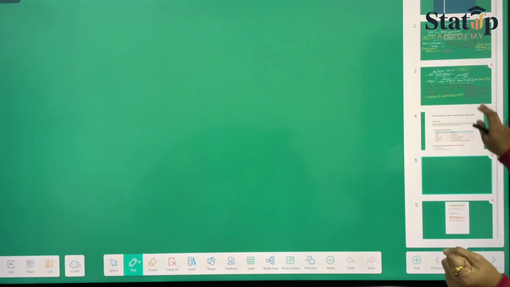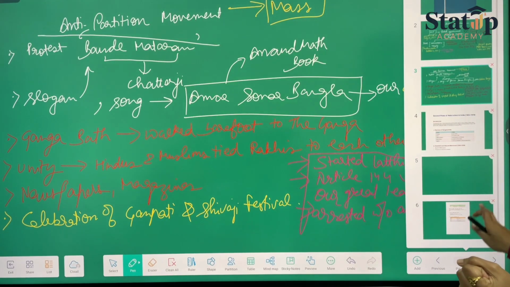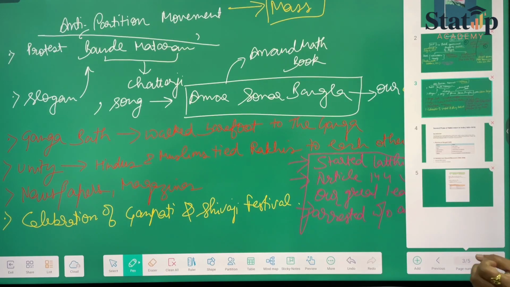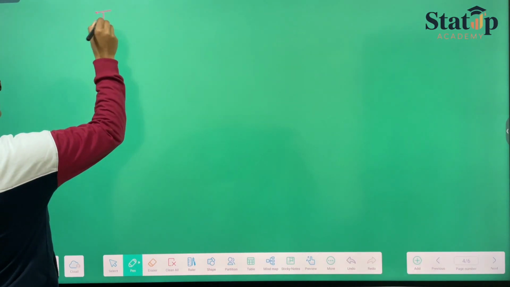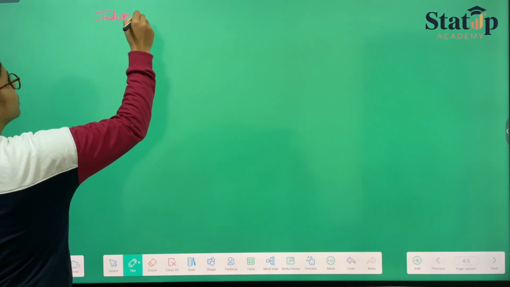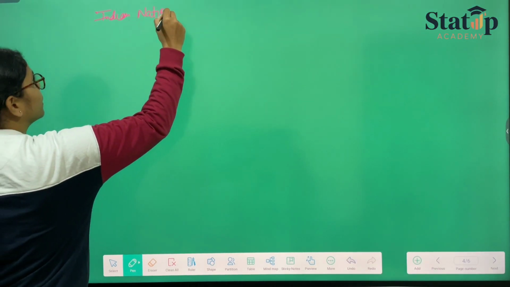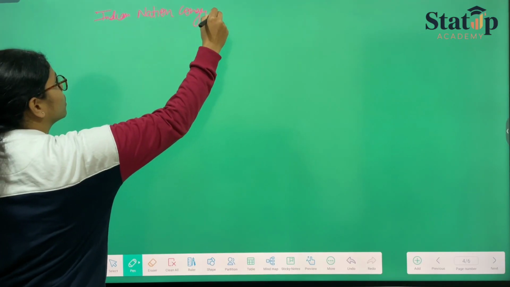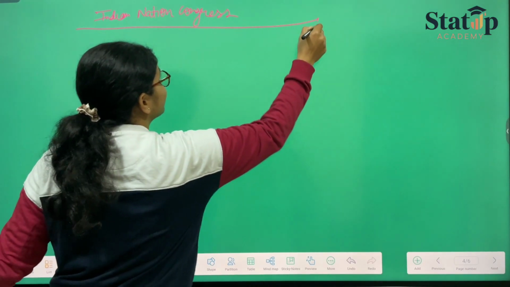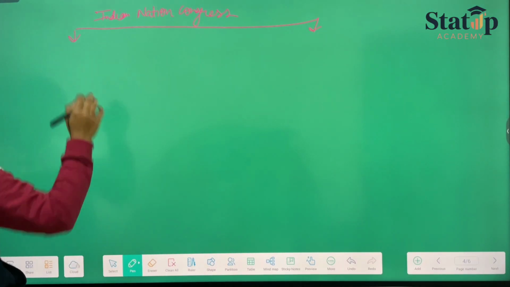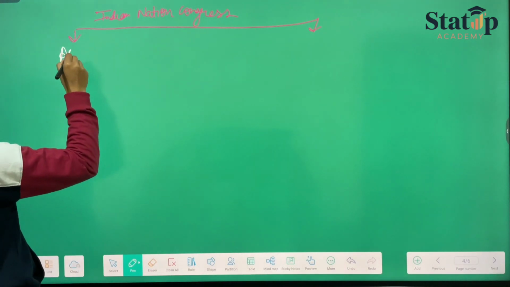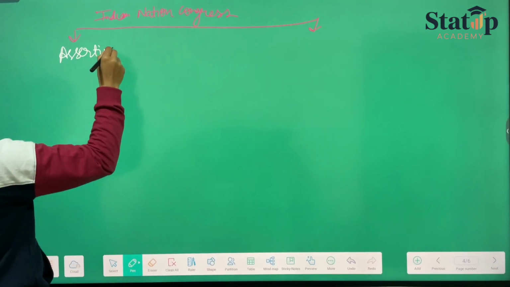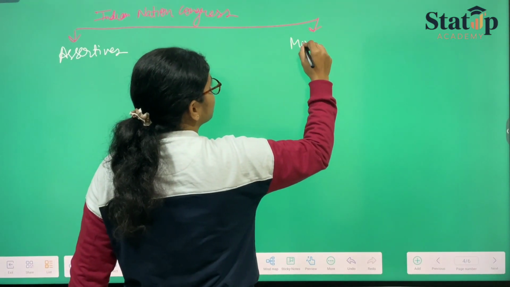Congress started with a meeting. हाँ, तो Indian National Congress की अगर हम बात कर लेते हैं, Indian National Congress which basically comprises, we can say, assertives and moderates.